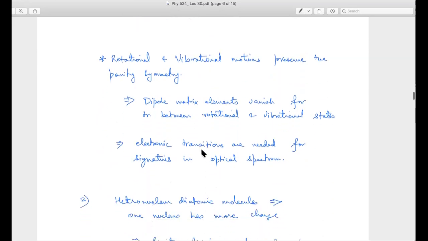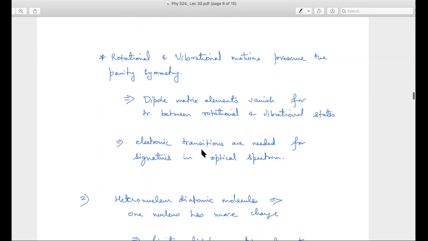Then the dipole matrix element identically vanishes for transitions between these rotational and vibrational degrees of freedom. Because of this, there cannot be any vibrational or rotational transitions from this finite dipole matrix element.